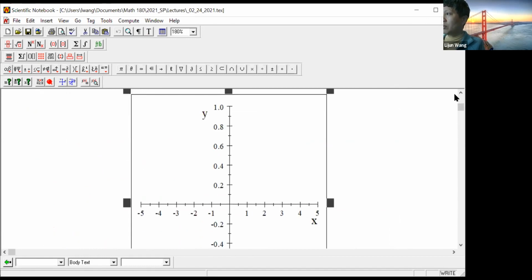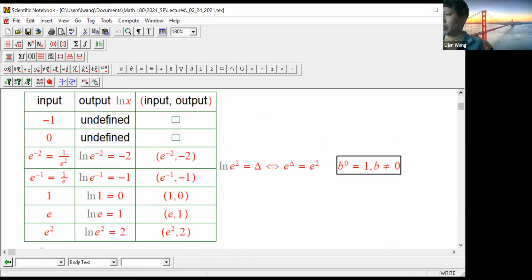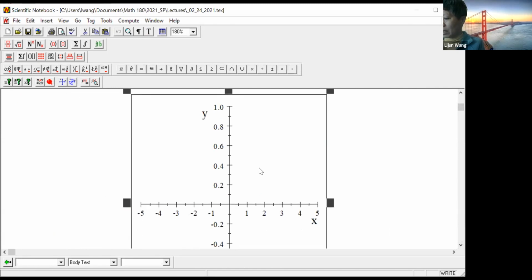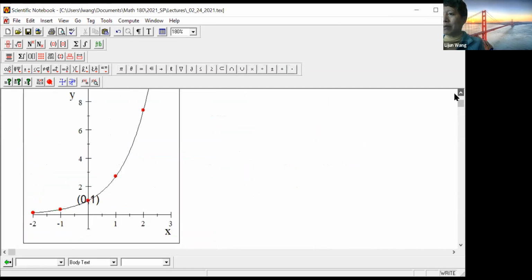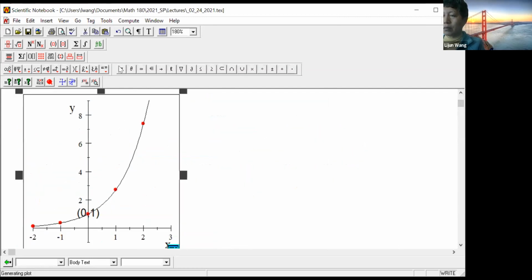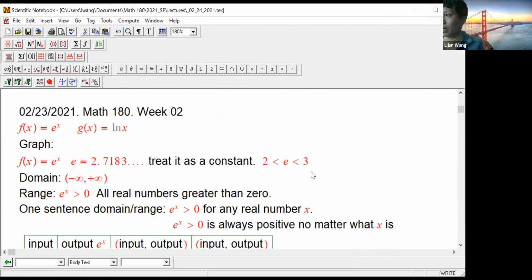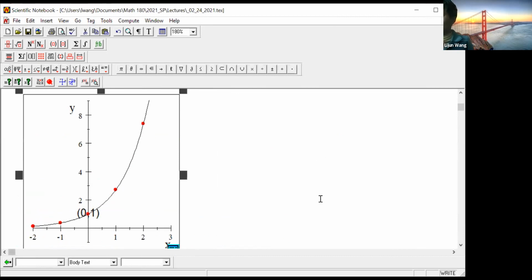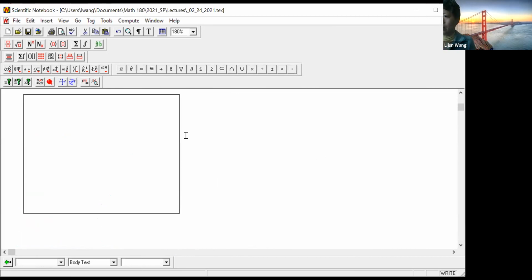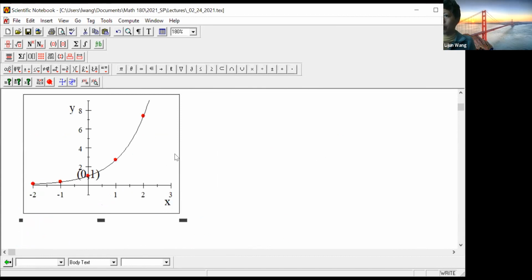So what we are going to do is graph the points on the same graph right here, like what we did with 2 to the power x. So I'm going to just make some adjustments so I can put the points there.